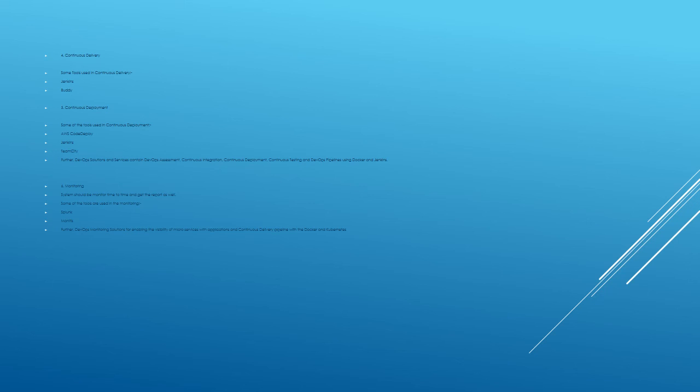And some of the tools are used for the monitoring, and Splunk and monitor monitor and further tech dev OPS monitoring solution to be enroll the usability of more services with the application and the continuous delivery pipeline with the Docker and the Kubernetes.